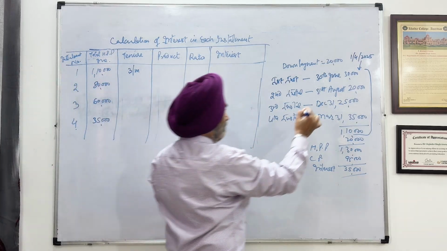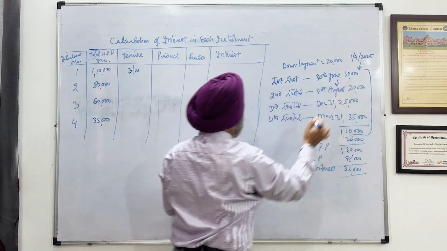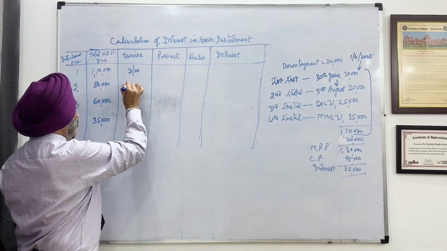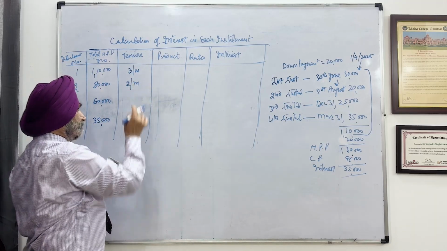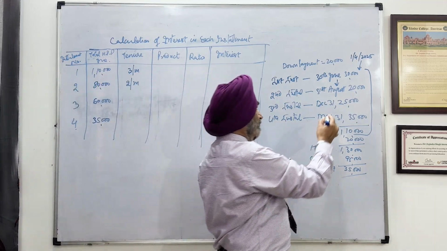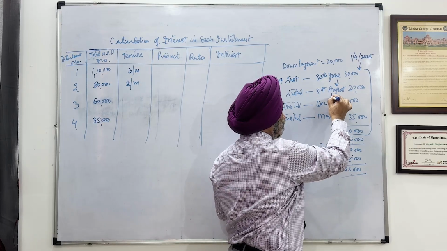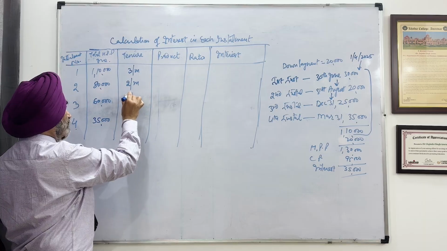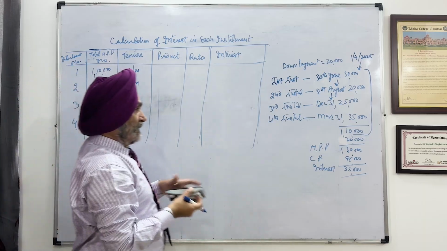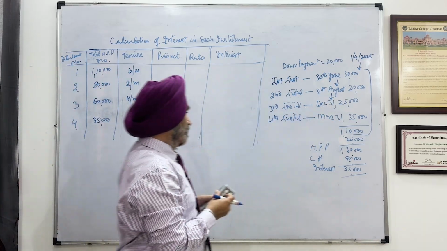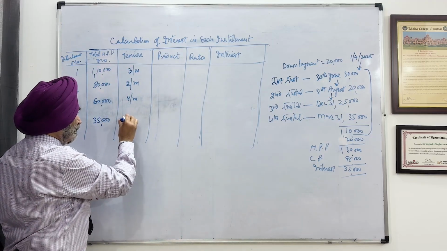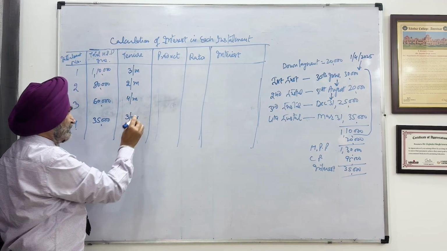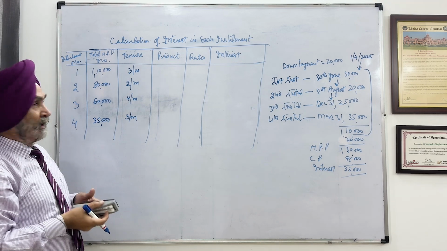Then a gap of 2 months. Then a gap of 4 months. Then gap of 3 months. So the time gap between the installments is a different one.